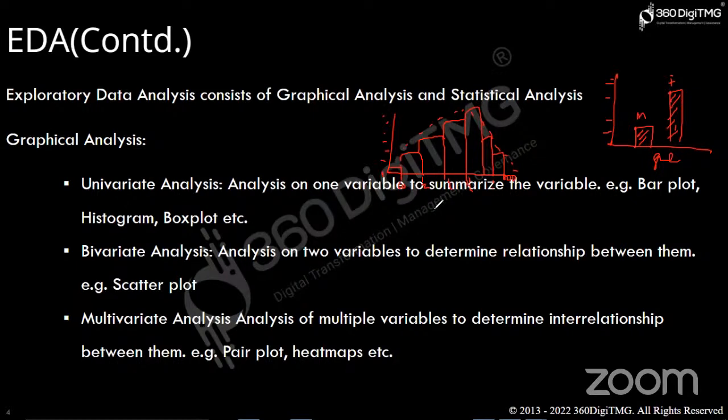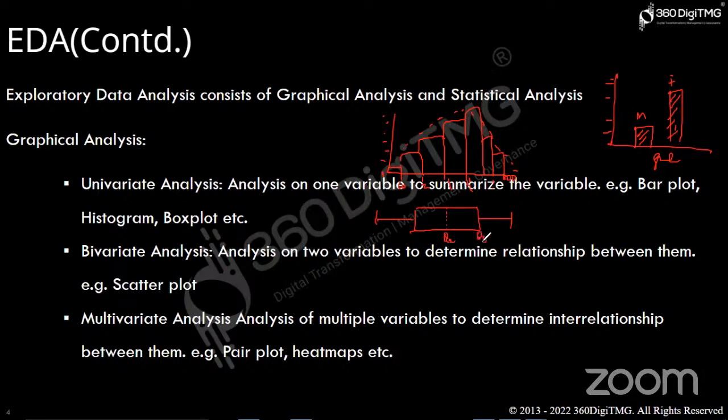When it comes to box plot, I have a box here and whiskers. I am going to divide the complete data into different quantiles. We call them quantiles here. In the center, I am going to have the median value. This will be my quantile 2.